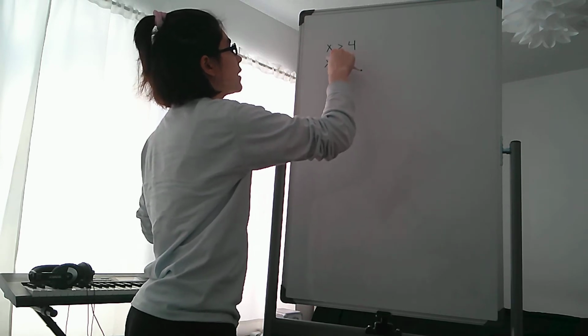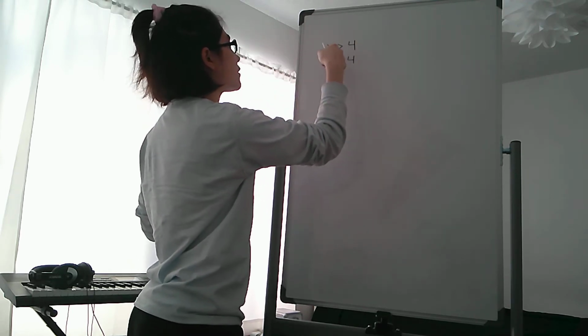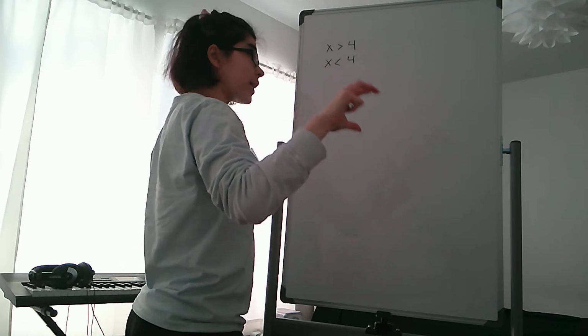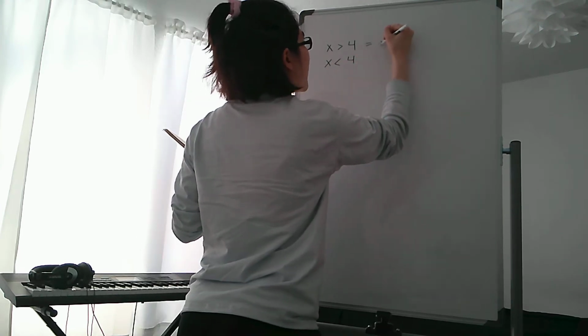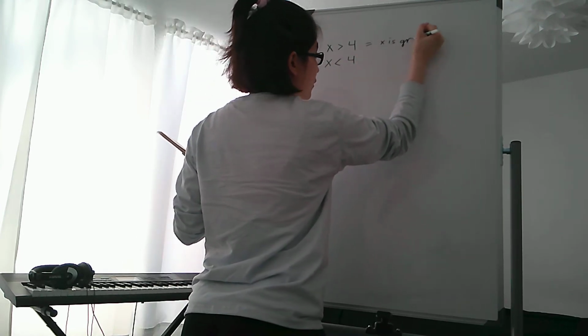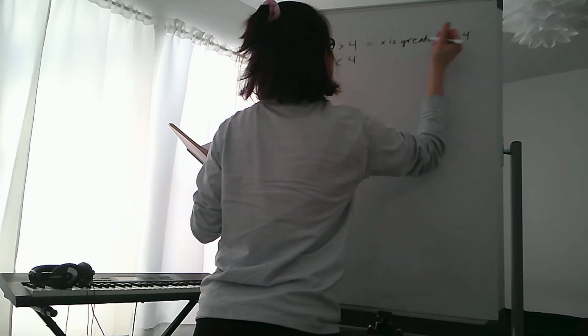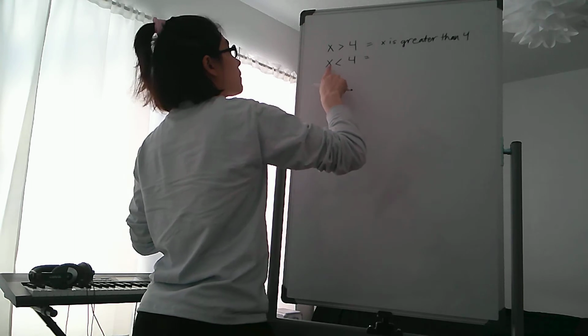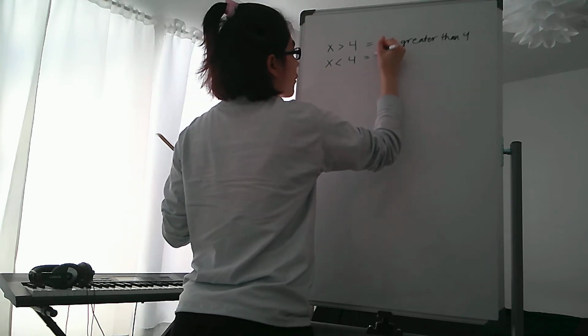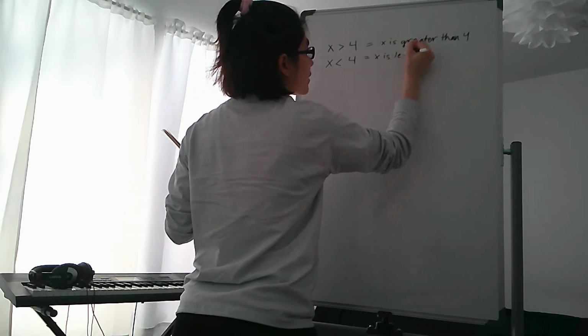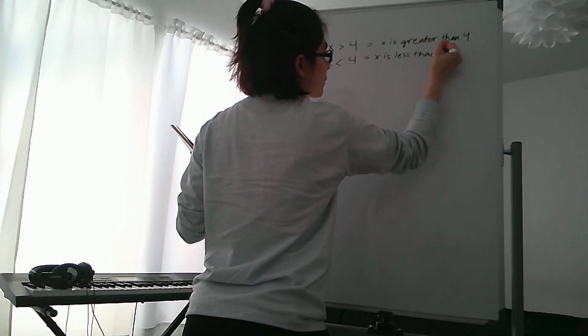So in this one, since the mouth is facing toward X, that means X is going to be greater than 4. Pay attention to these terms because this is going to be really important for when you graph it. And similarly, X is less than 4.